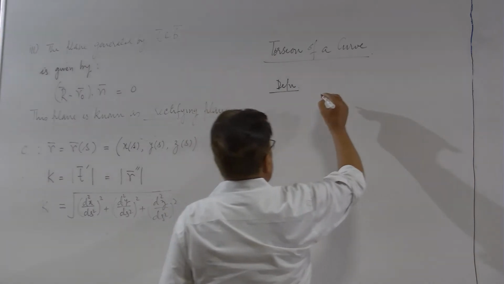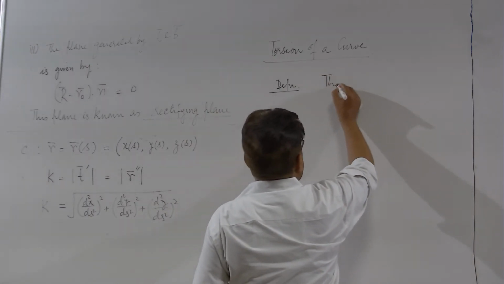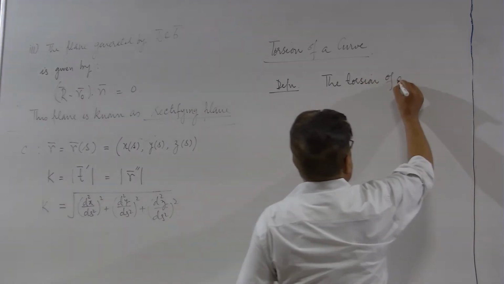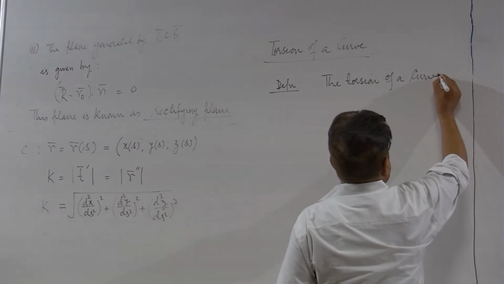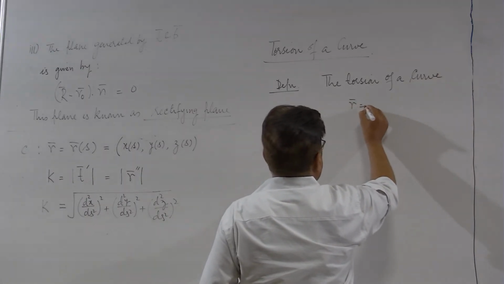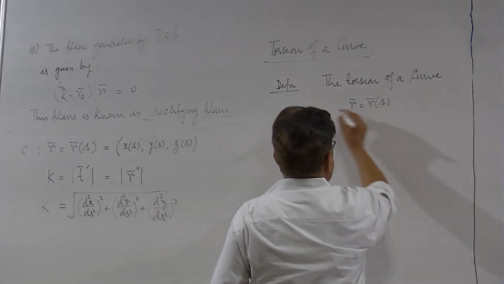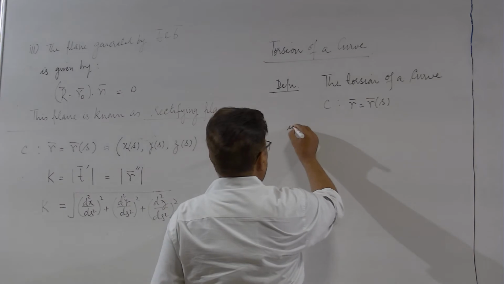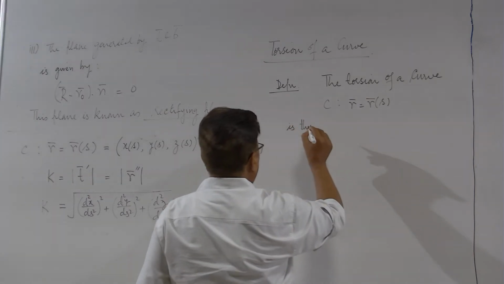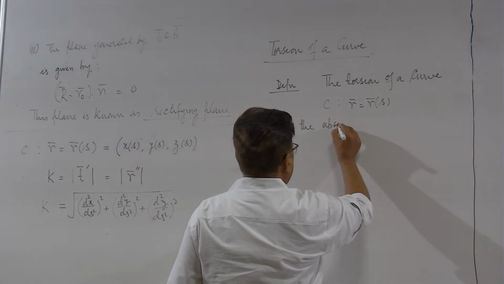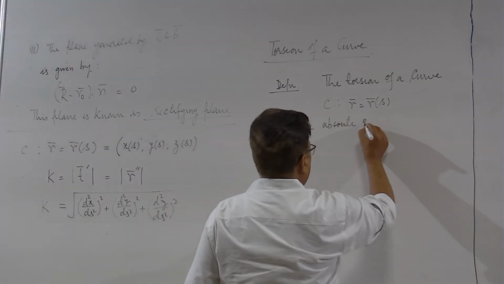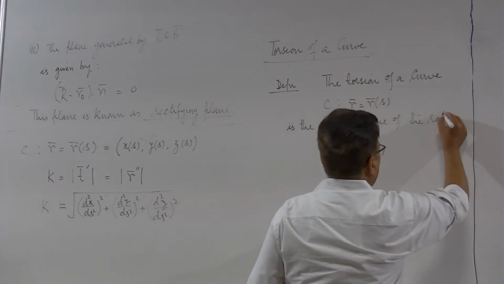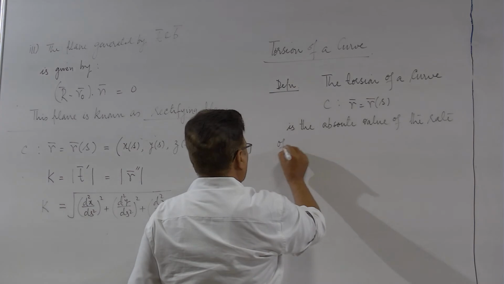The torsion of a curve r equal to r(s) is the absolute value of the rate of change of binormal.